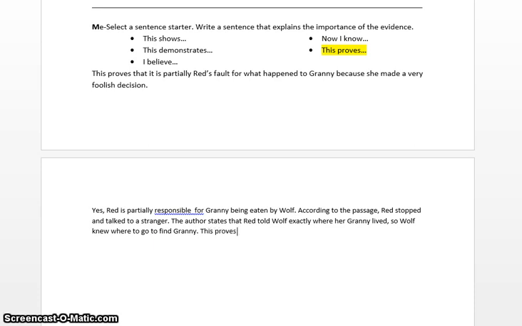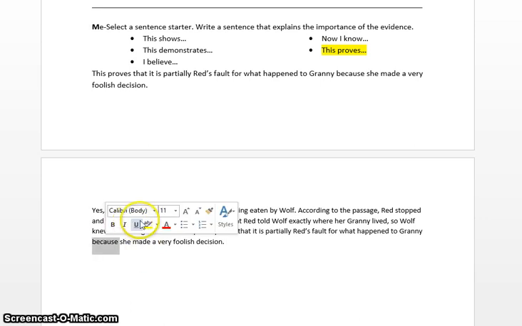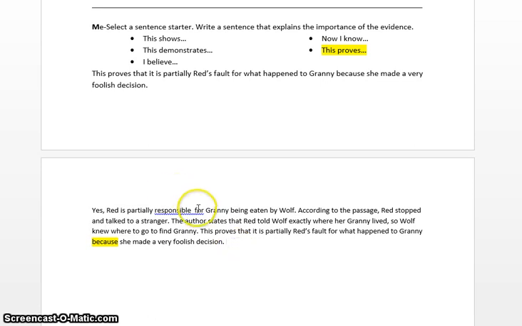This proves that it is partially Red's fault for what happened to Granny because she made a very foolish decision. Now, I do want you to notice here that I use the word because. Because is another good way to show that I am explaining my answer.